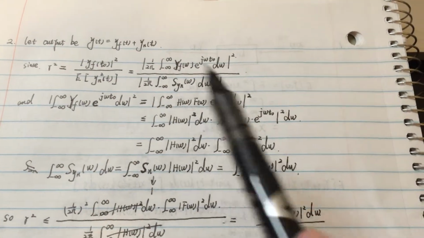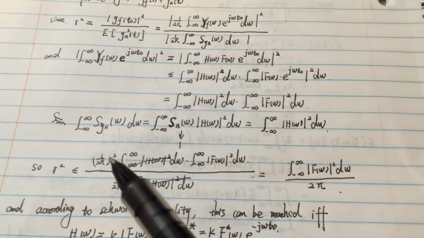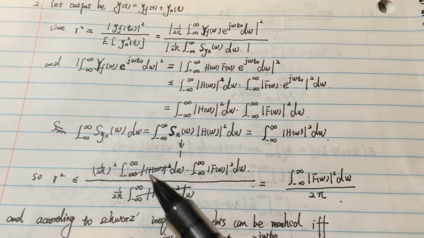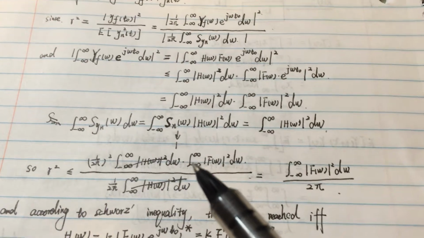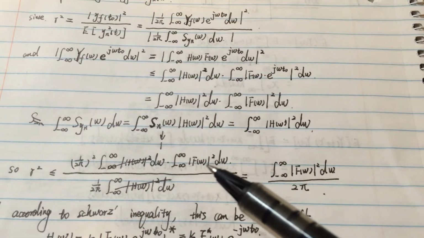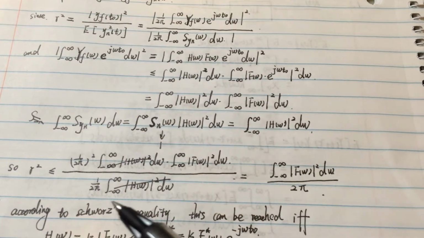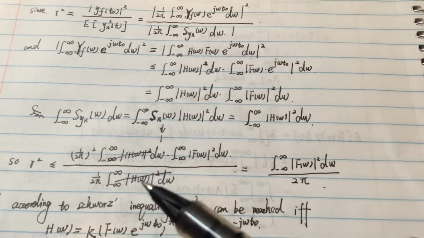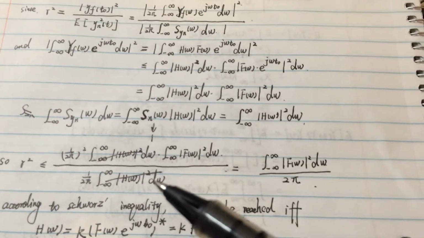So we substitute this and this into this formula. We get that R squared is smaller than 1 over 2 pi, the integral from minus infinity to infinity of H(omega) magnitude squared d omega, times the integral from minus infinity to infinity of F(omega) magnitude squared d omega, over 1 over 2 pi, the integral from minus infinity to infinity of H(omega) magnitude squared d omega.